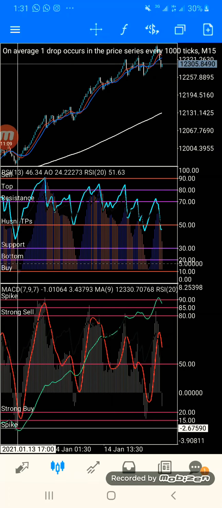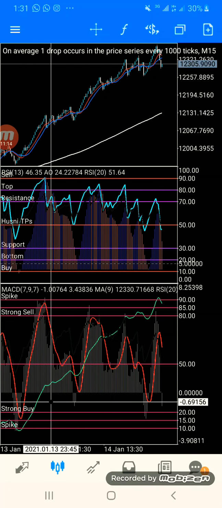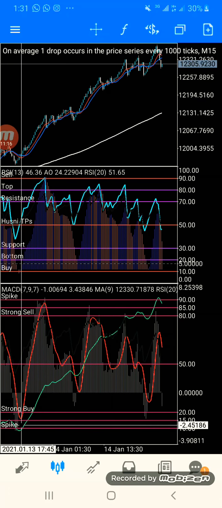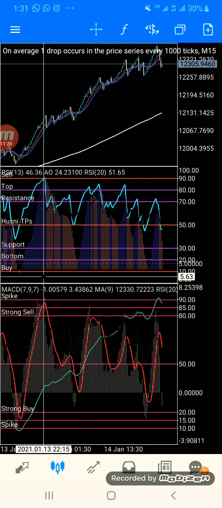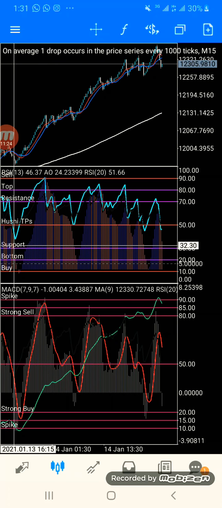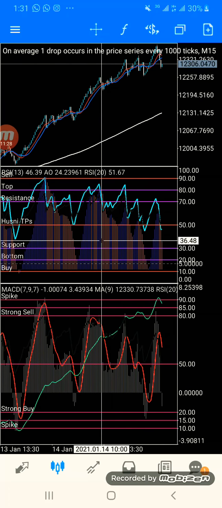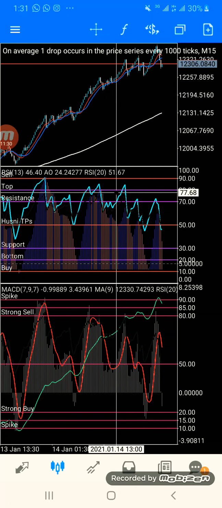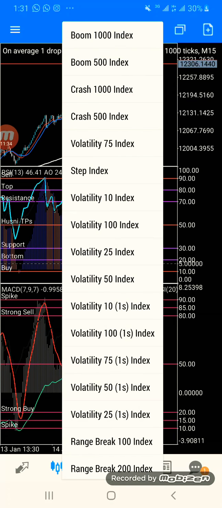When price is lower, when price is here, that is where we can buy. If price is at the bottom, then we could have a chance to buy. If price is at the support, we can buy, but if price is not at a support, that is why I said we don't have a chance to get in. That is what you need to understand before you go on buy.